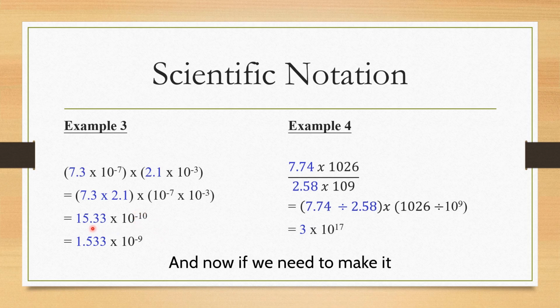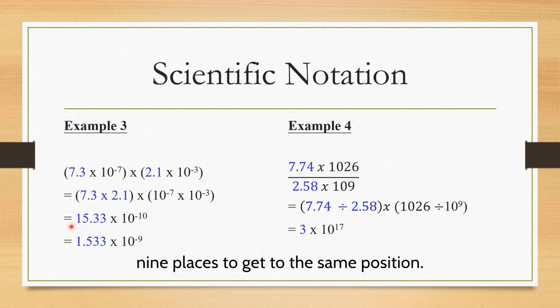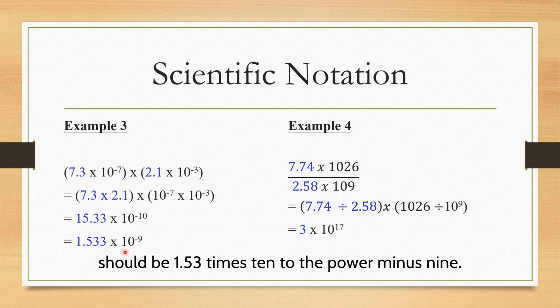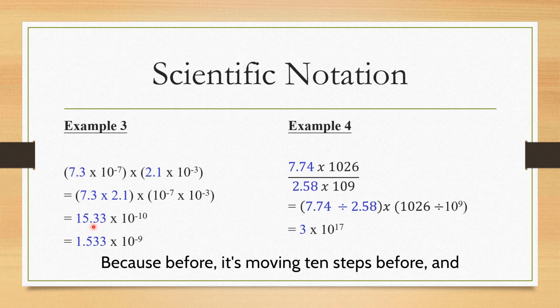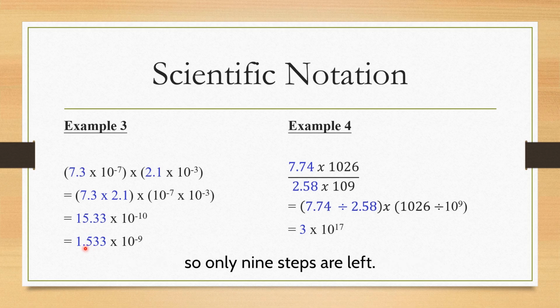Now if we make the point just after 1, we still need to move forward 9 places to get to the same position. That's why when we rearrange, it should be 1.533 times 10 to the power minus 9, because before it was moving 10 steps, and now we have already moved 1 step, so only 9 steps are left. And that is the final answer.